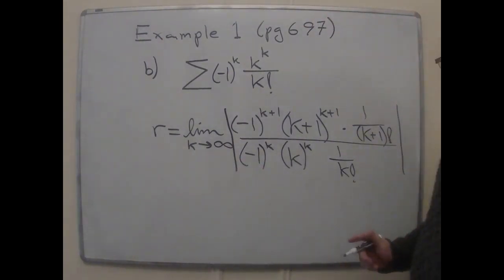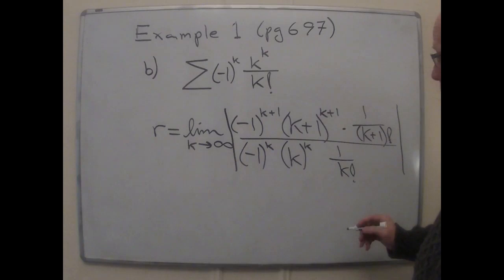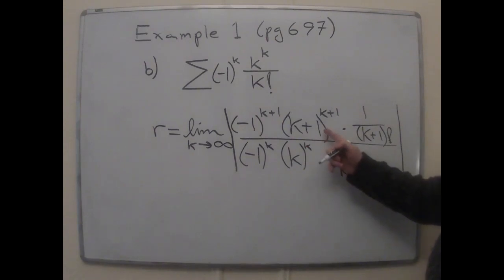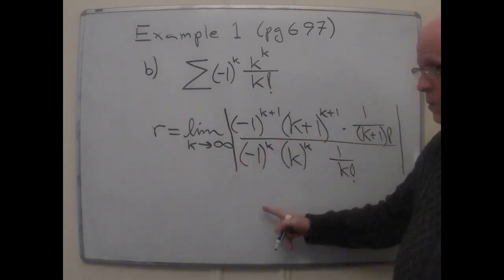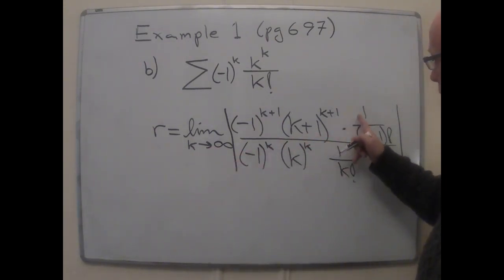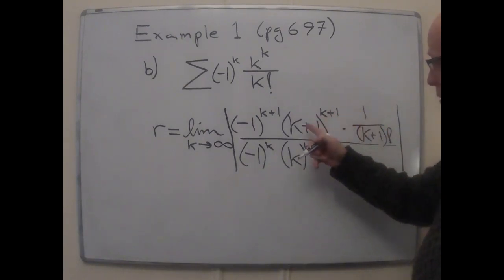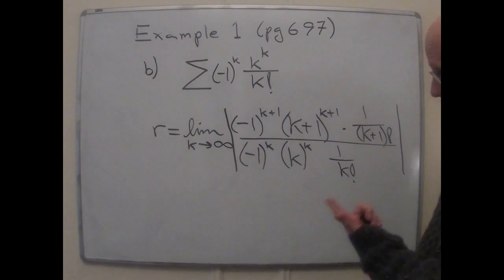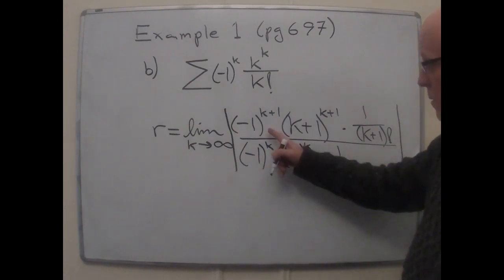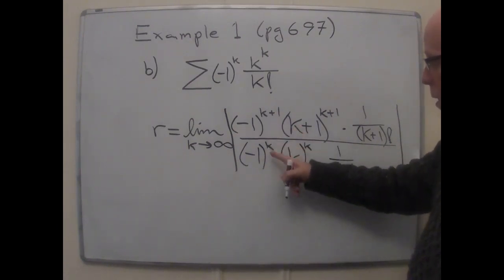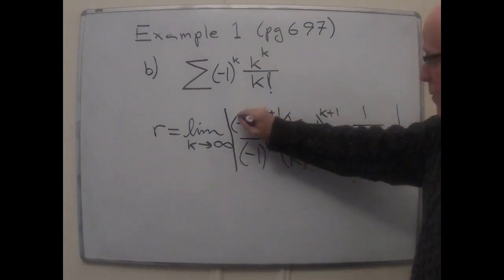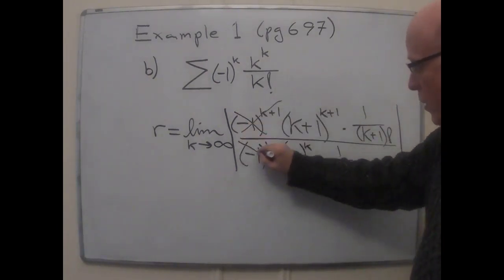So here's something quick we can do, but it bears noticing. The stuff in here is all positive, because k is on its way to infinity. It's certainly much bigger than 0. So these things are all positive numbers. The only negativity that could come out is from those minus 1 factors, and that doesn't matter because we're taking the absolute value.